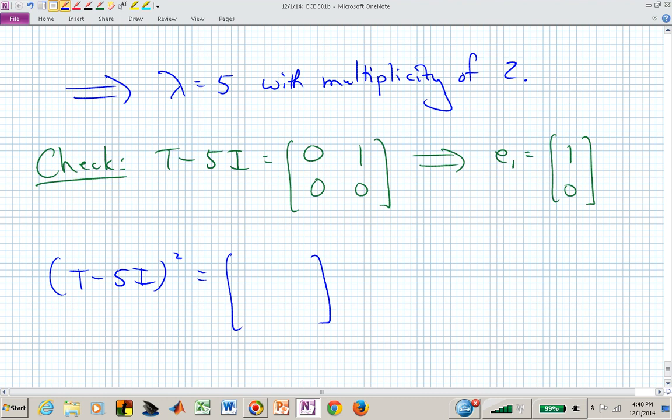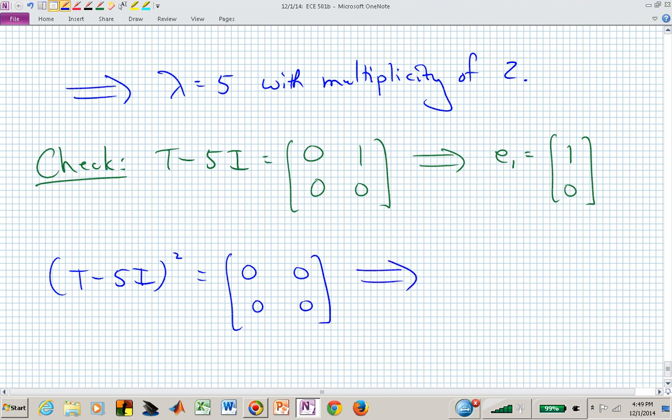If I take that T minus 5I and multiply it by itself, the top row of that product will just be a copy of the second row, and the second row is all 0. The second row says multiply the other rows by 0 and add them together. Now we just get the null matrix, or the 0 matrix.